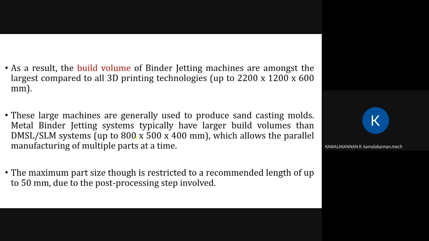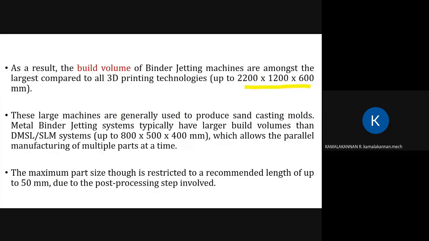Look here, 2200 by 600, but compared to others, the maximum you get is about 1500 in length. Here you can go for 2200 because you are using a binder at room temperature, so the size of the object can be maximized. It is not possible in other types of 3D printing.